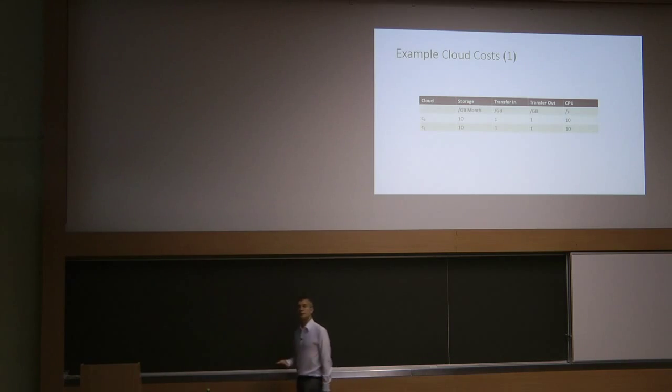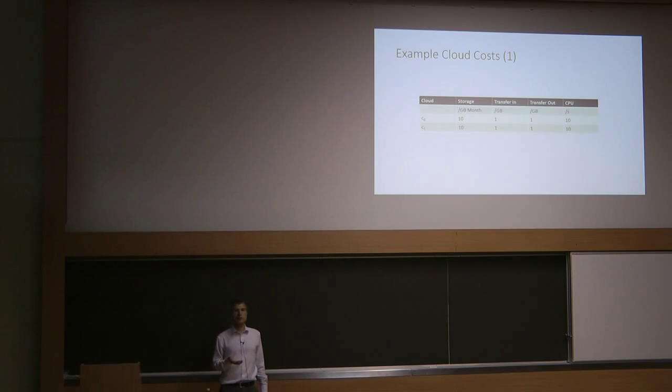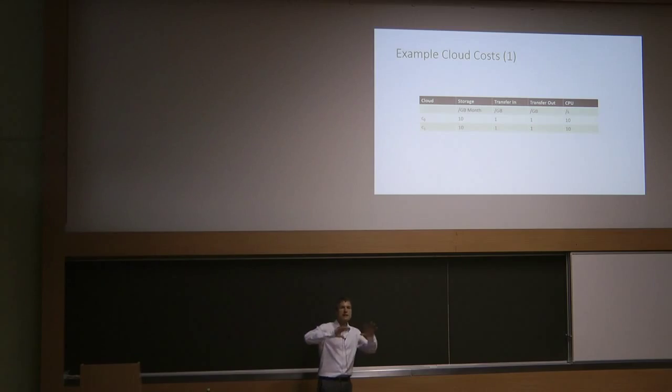Then what we need to do is get the specific costs for the clouds that we have chosen to use. I'm going to give two examples of costs. Let's imagine that the public cloud and the private cloud in this case have exactly the same costs.